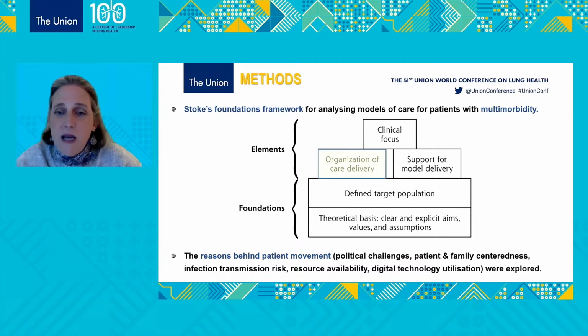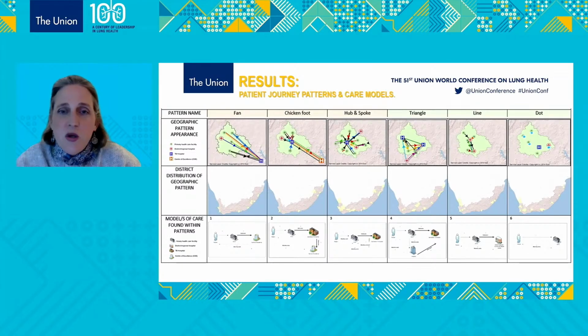The reasons behind patient movements, which were political challenges, patient and family centeredness, infection transmission risk, resource availability, digital technology utilization, and other aspects, were all explored. So as you can see, these are the pathways or journeys that we were able to find in these 6 different models of care that we were able to identify.